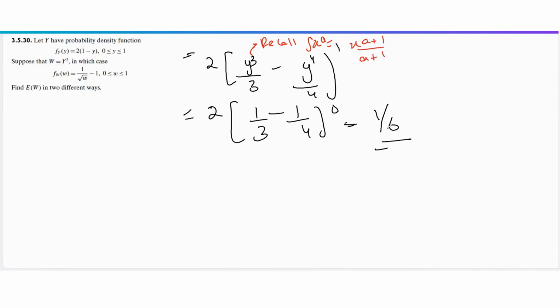So I found the expected value of W using two approaches. One, if you know the PDF of W, just use that. Even if you don't know the PDF of W, we could find the expected value of W using the PDF of Y, of which W is a function.